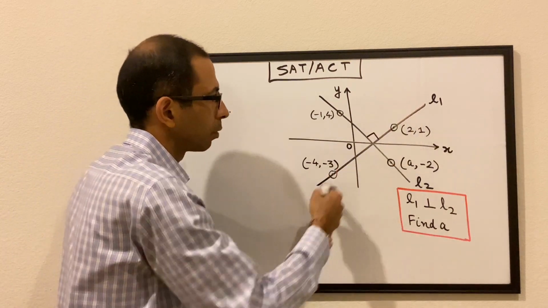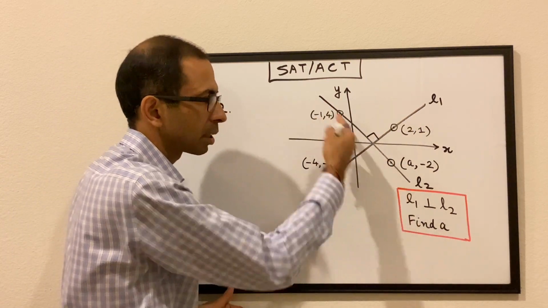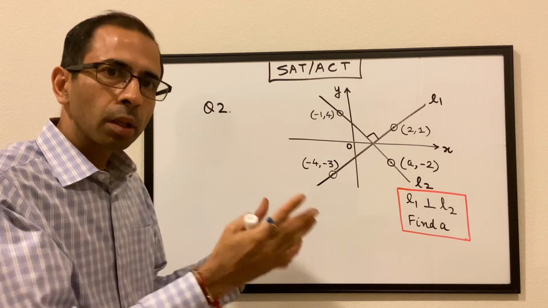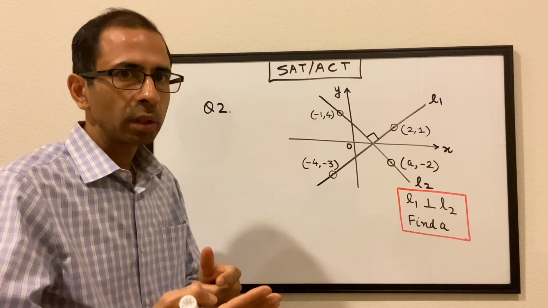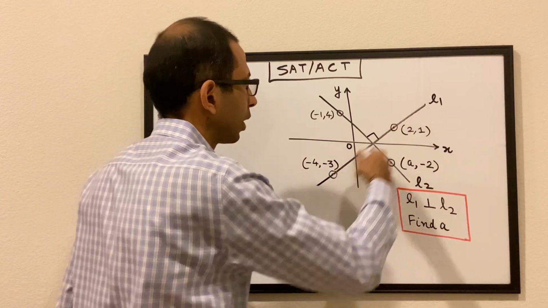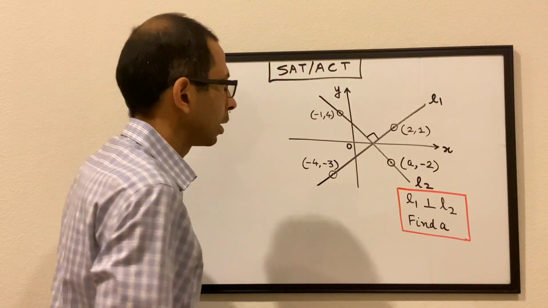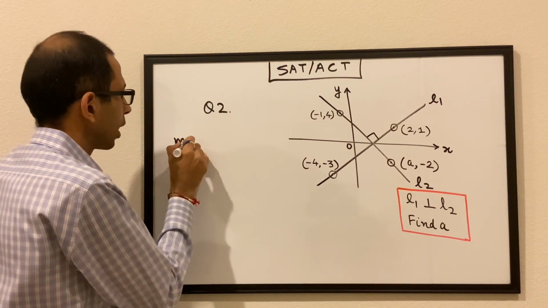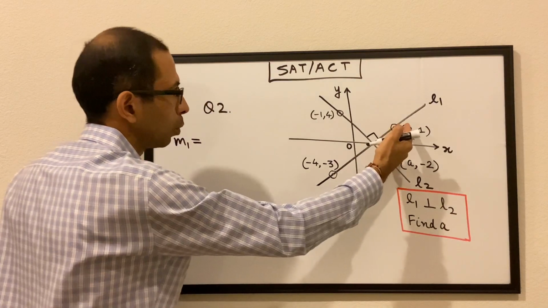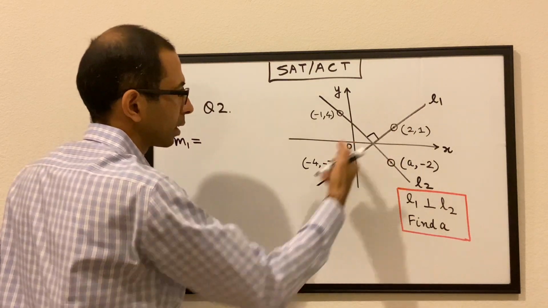We can find the slope of this line, we can find the slope of this line, and we know that the relation between the two slopes will be that the product of the two slopes has to be equal to minus 1 for the two lines to be perpendicular, right? So let's find the slope of line L1, let's call it M1. So M1, which is the slope of this line, would be y2 minus y1 divided by x2 minus x1.